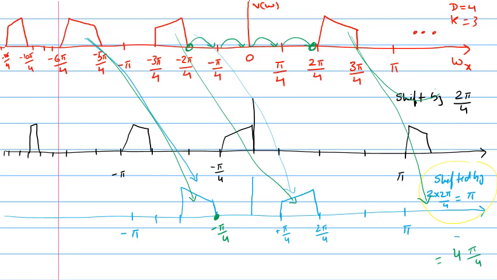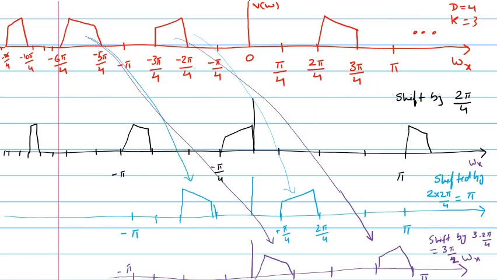Since D is equal to 4, the first shift was 1 into 2 pi by 4, the second shift is 2 into 2 pi by 4, which we have seen just now, and the third shift will be 3 into 2 pi by 4. Here we have shifted 3 into 2 pi by 4, that's 3 pi by 2, which means we are shifting it by 6 into pi by 4.